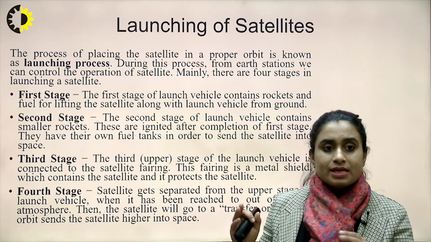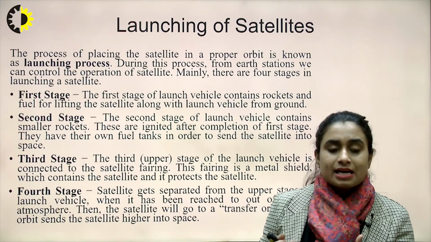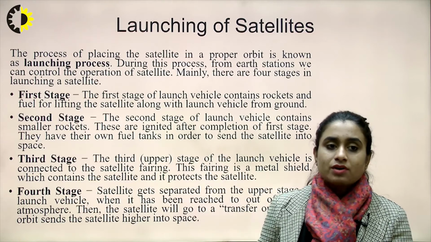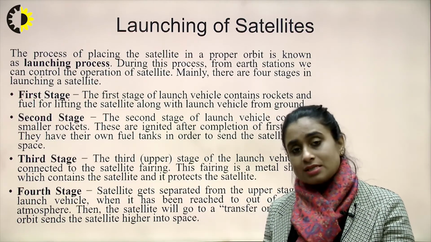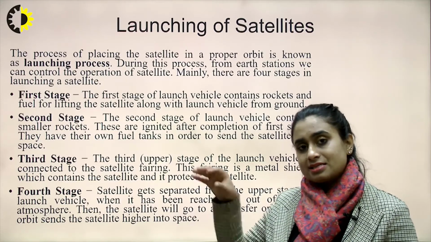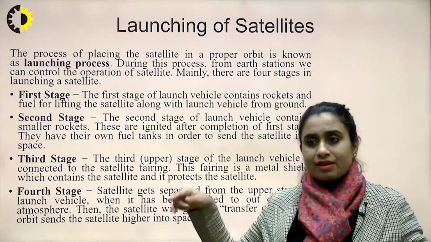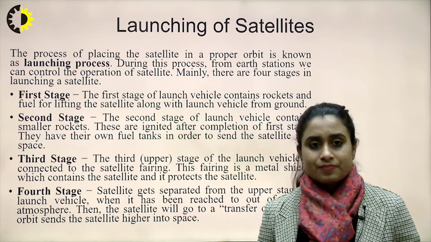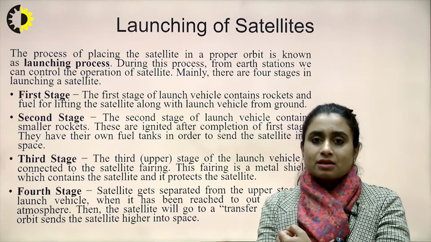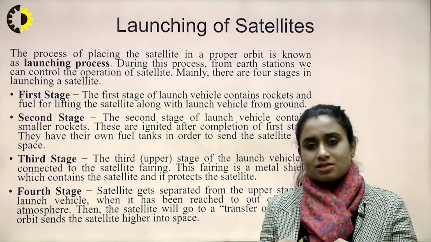When it has reached outside of Earth's atmosphere, the satellite goes into transfer orbit. This orbit sends the satellite higher into space, and once the satellite reaches its desired position, the solar panels open and the satellite expands and takes its actual structure. Before that, solar panels are closed and all antennas are within a box-like structure.